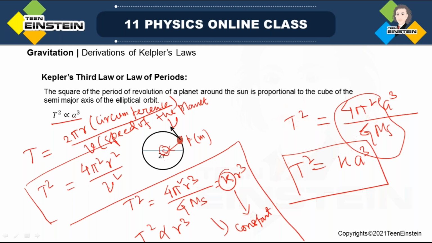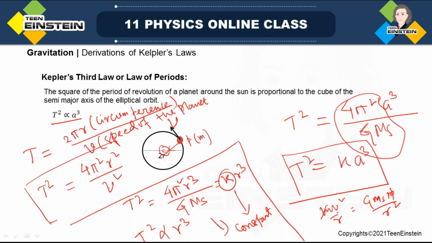So from there we will get a relation between v and this thing, like mv² by r is equal to G Ms m by r².